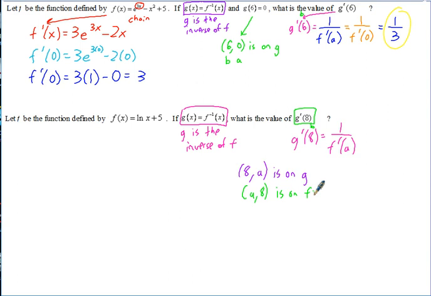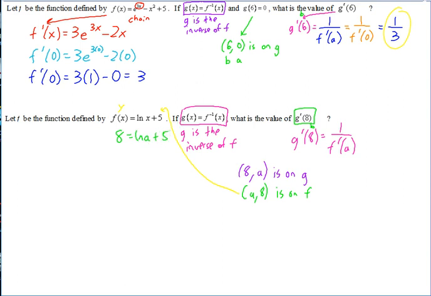We're not given any points here to solve for a. Well, if we substitute this point in for your x and y, a and 8, we can see if we can solve for a. So this is like our y, right, f of x. So we'll plug in 8 there, substitute 8 for f of x, for y, and a in for x. So it'll be 8 equals the natural log of a plus 5.